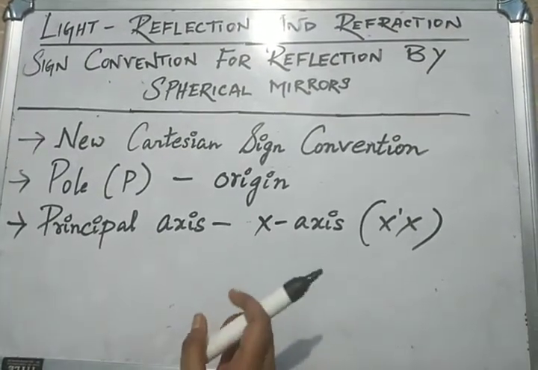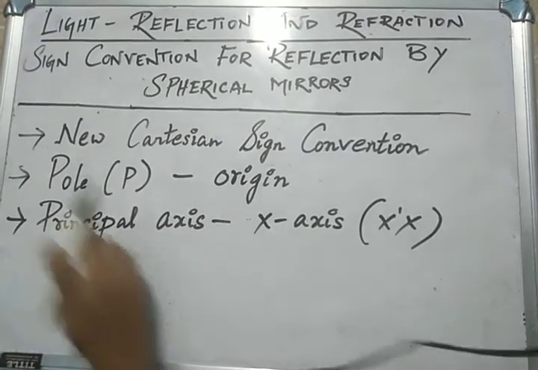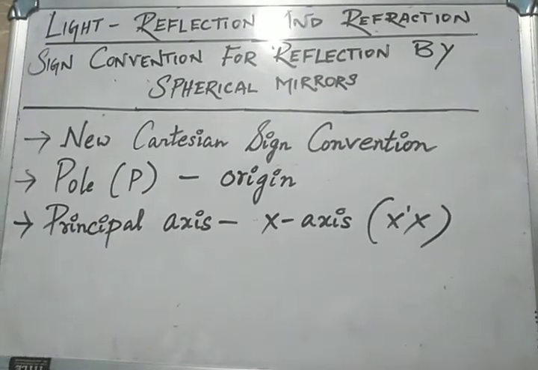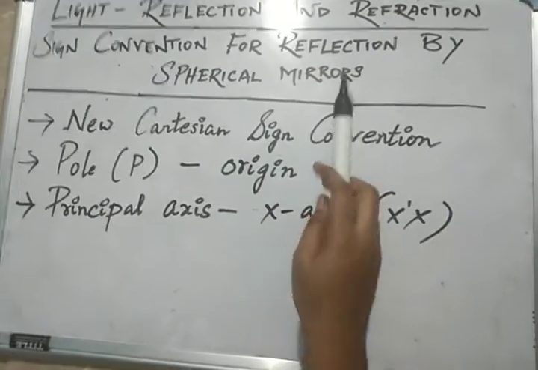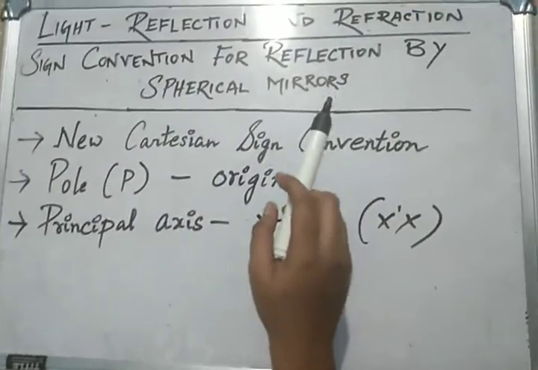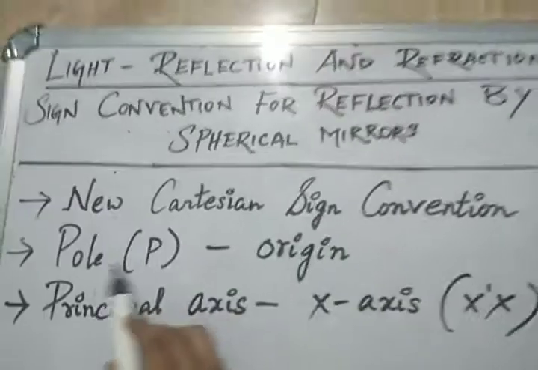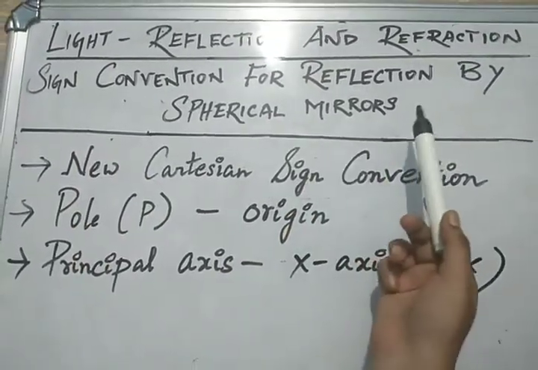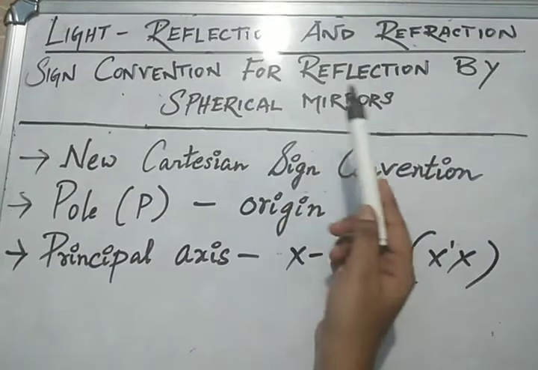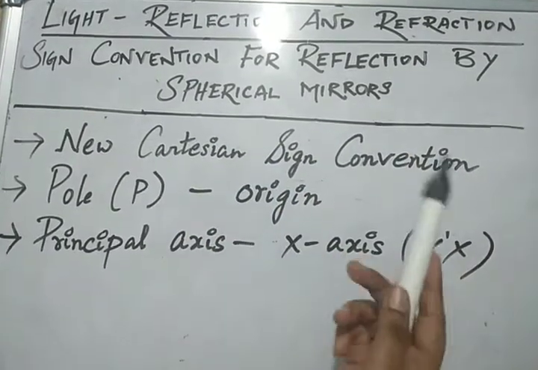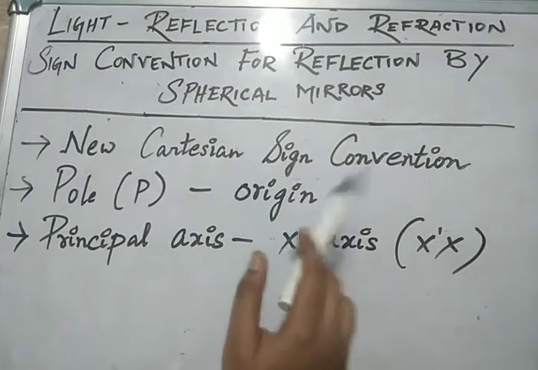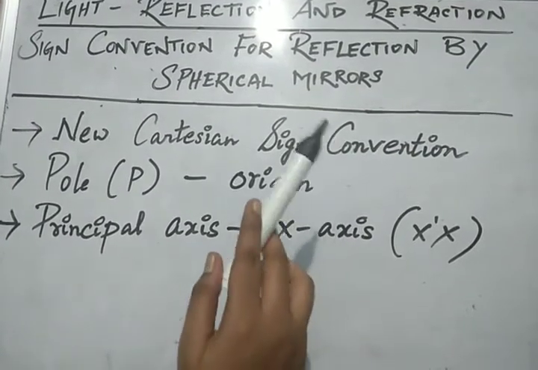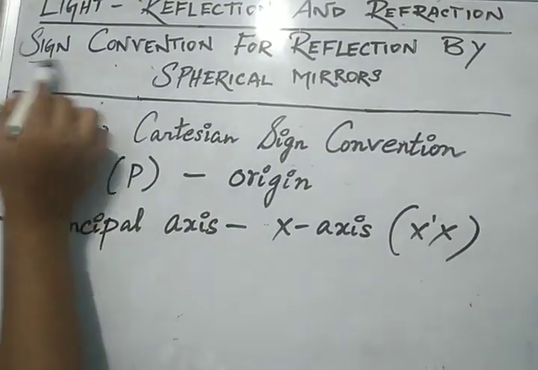So we'll be studying the continuation of this chapter, light, reflection and refraction, which belongs to chapter 1 of physics and chapter 10 of NCERT. Our topic for today is sign convention for the reflection by spherical mirrors. Before going for the numericals related to spherical mirrors in physics, we will be following a set of sign conventions.